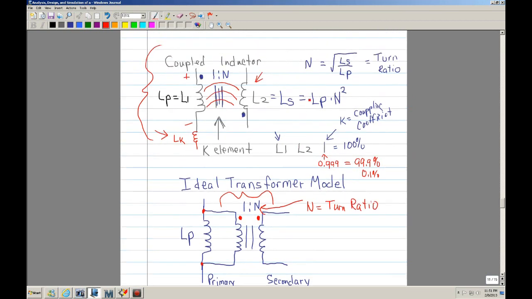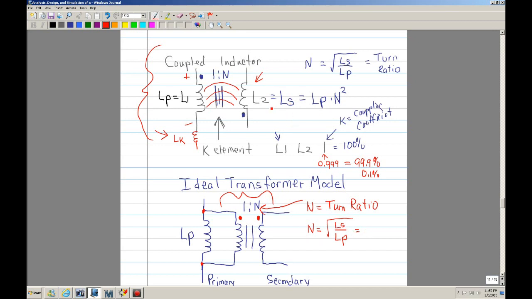And as I have it up here, let me rewrite it. The definition of turns ratio is really N equals the square root of L of the secondary over the primary. So that's the definition.